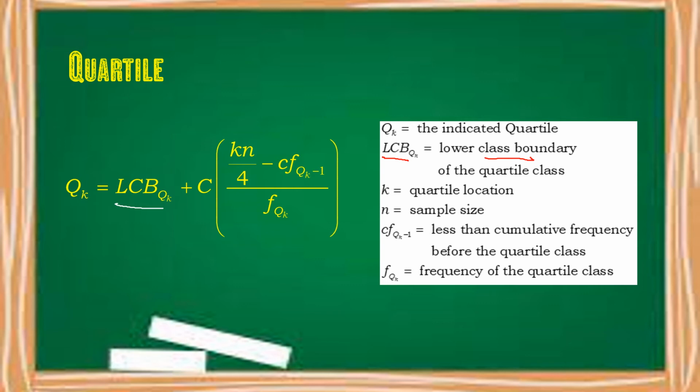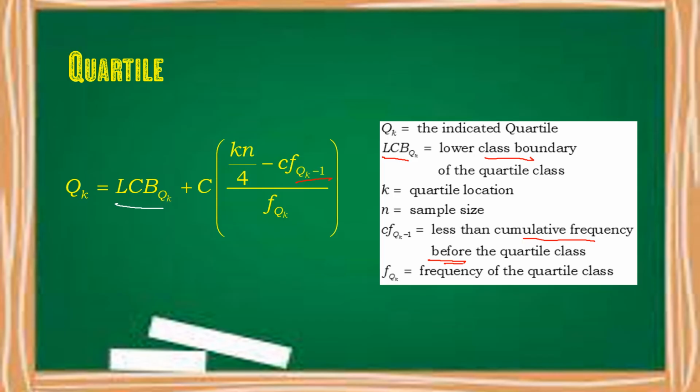And then, K is the quartile location, N is the sample size, CF is the cumulative frequency. Okay, but this time, this is before. Kaya mayroong Q sub K minus 1. And then, F is the quartile class.